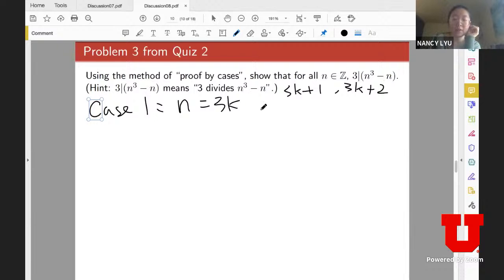That includes all the possible elements for n. So for the first case, if we say n is equal to 3k, just substitute that into n cubed minus n.